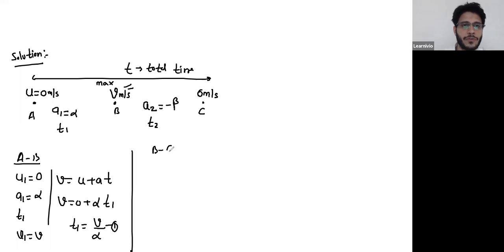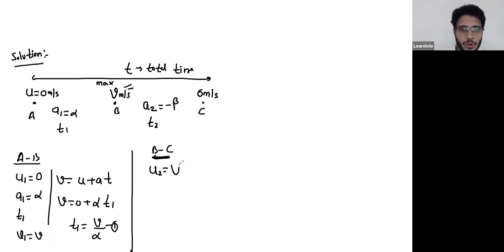Next, let's solve it from B to C. Sania, what is initial velocity from B to C? We are solving from B to C. What is the initial point? Initial point is A or initial point is B? B. What is velocity at B?